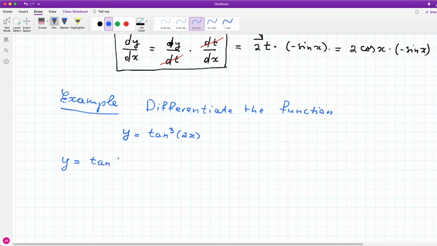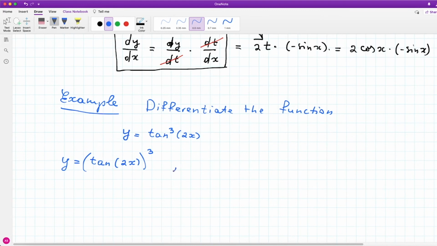For a given value of x, we would multiply that x value by 2, then calculate the tangent of 2x, and then the tangent value will have to be cubed. The last operation that needs to be completed to calculate the value of y is raising the number to the third power, taking the cube.